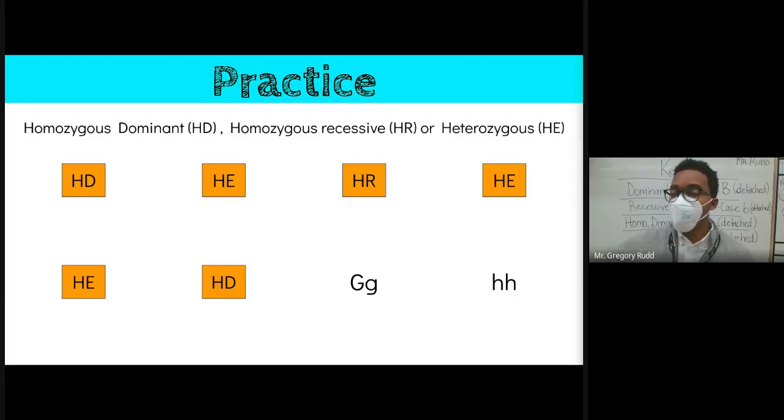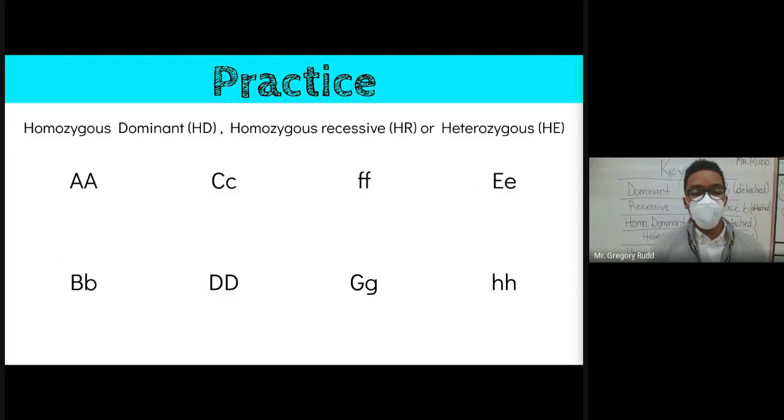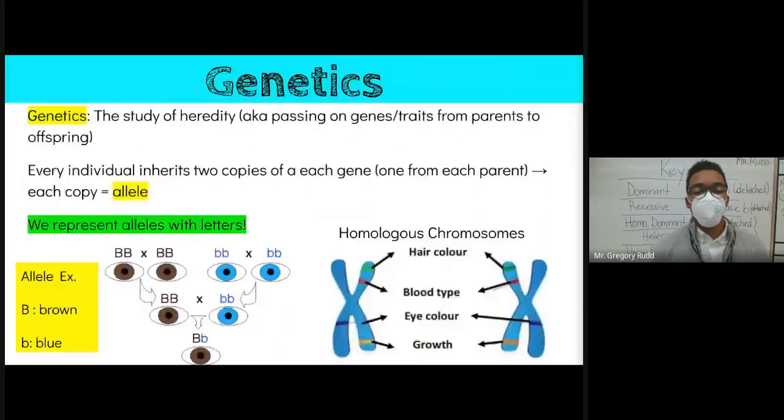Which prefix means different? Homo or hetero? No, not homo. So let's go back for a second. Way, way back. Did you write this down?